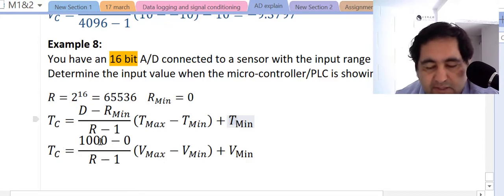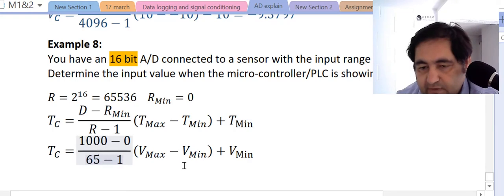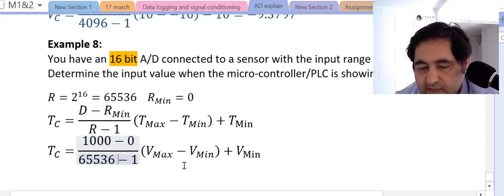So TC equals 1000 minus 1. The R that we have is 65536.